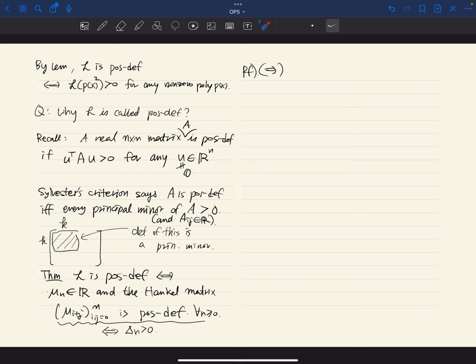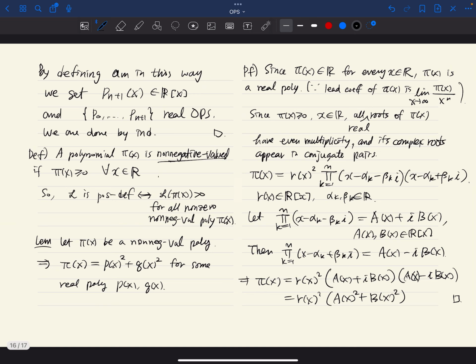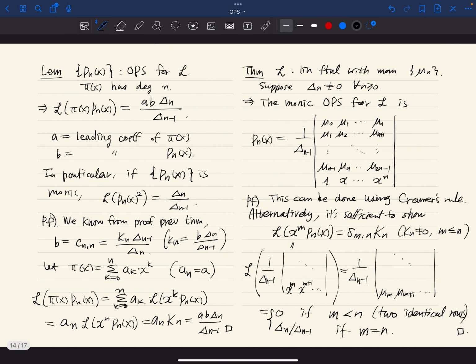Because all the principal minors of this are already Hankel determinants. So this really means this. So this is something that we already proved. Let's see. Let's go back. Yes, let's see. Look at this.